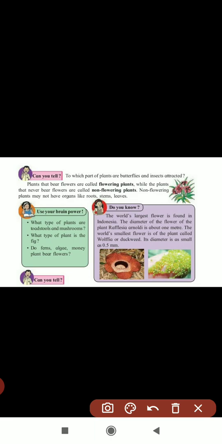Next question here. Can you tell to which part of the plants butterflies and insects are attracted?